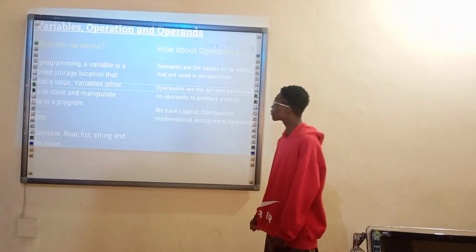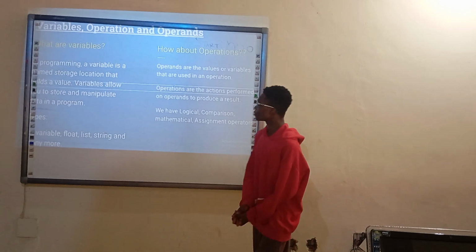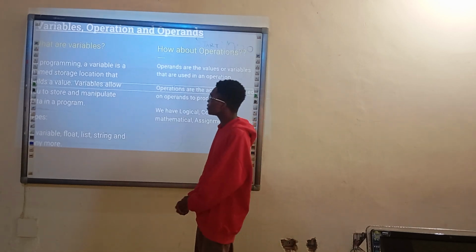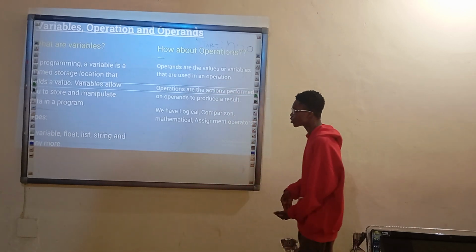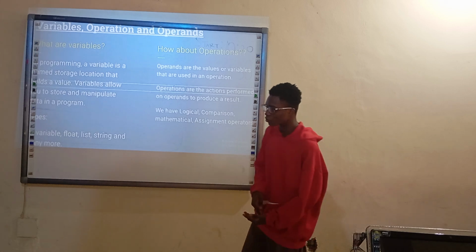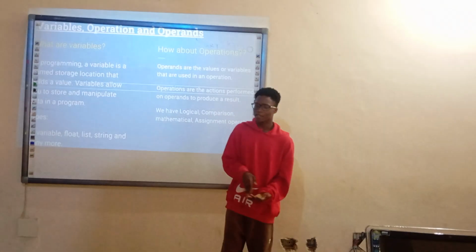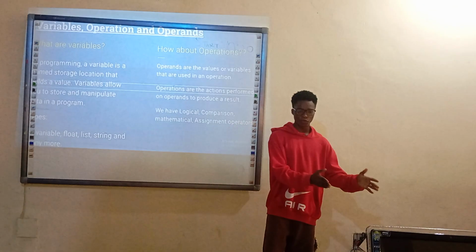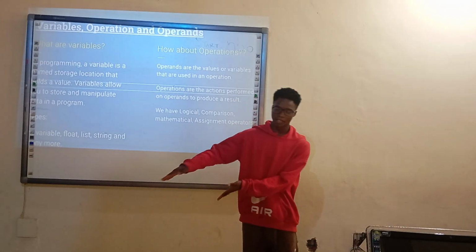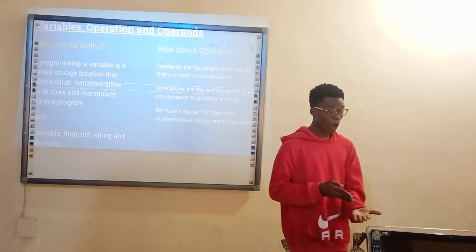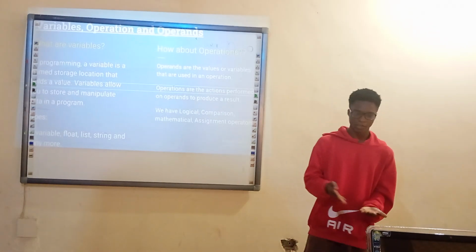So variables, operations, and operands. What are variables? In programming, a variable is a named storage location that holds a value. So a variable is like a name in which we store a certain sentence or statement which we want our code, our Python interpreter, to carry out.